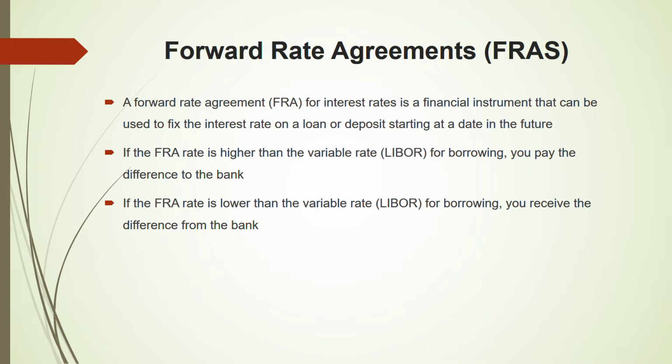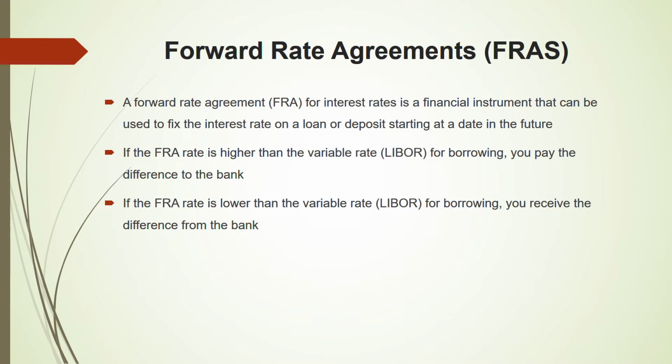So FRA rate is lower, so you are paying at 3%. Now, but your variable rate is 5%. So what should you do? That difference you will receive from the bank. Sorry, I'm sorry. You have to pay the variable rate only. FRA rate is basically taken to find out the difference, whether you will be paying or the bank will pay to you. So you will be paying at 5%, which is your LIBOR.